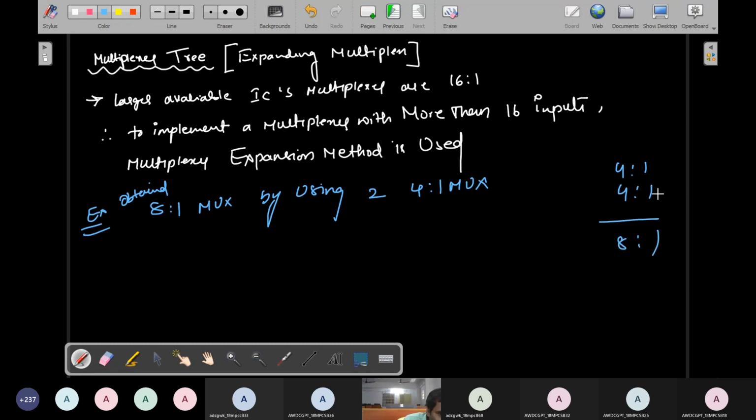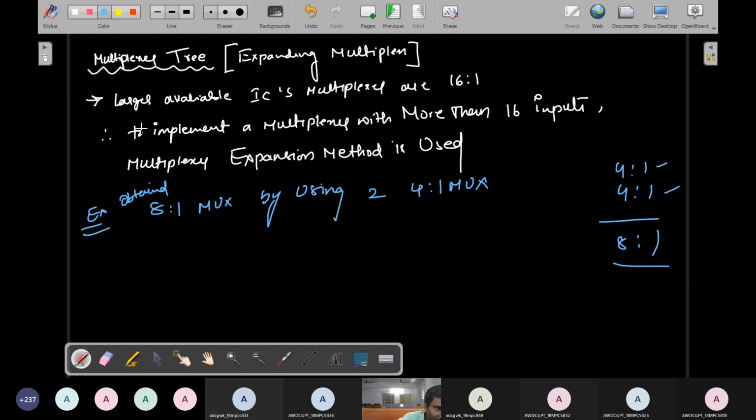Inputs are added, but outputs are taken through an OR gate. By using the OR gate, with the two 4:1 muxes, I obtain an 8:1 multiplexer. So this is the method of expanding multiplexers.